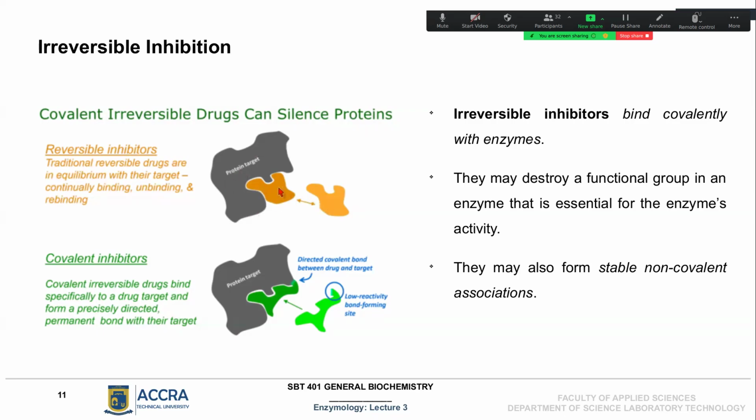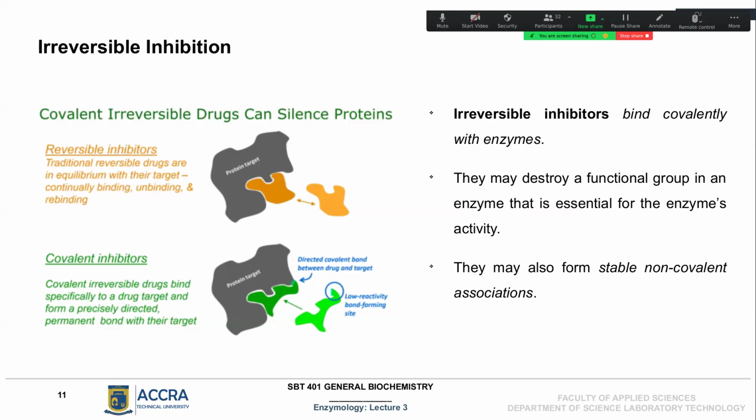So it can bind, get on, and then get unbound, rebind. You see that binding and unbinding and rebinding, all of that occurring in some equilibrium nature. So that is what we saw earlier for reversible inhibition.